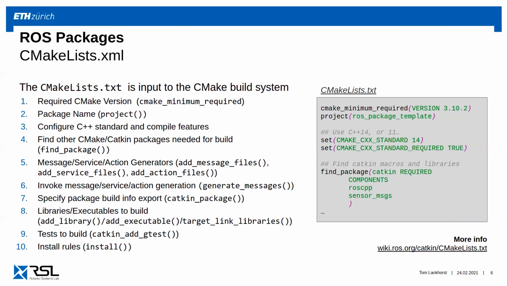Next, we configure the C++ standards and compile features. In this case, we use the set CMake CXX standard option to set our standard to C++14. By default, the standard is set to C++11. ROS, however, is compatible with C++ standard 14 as well.